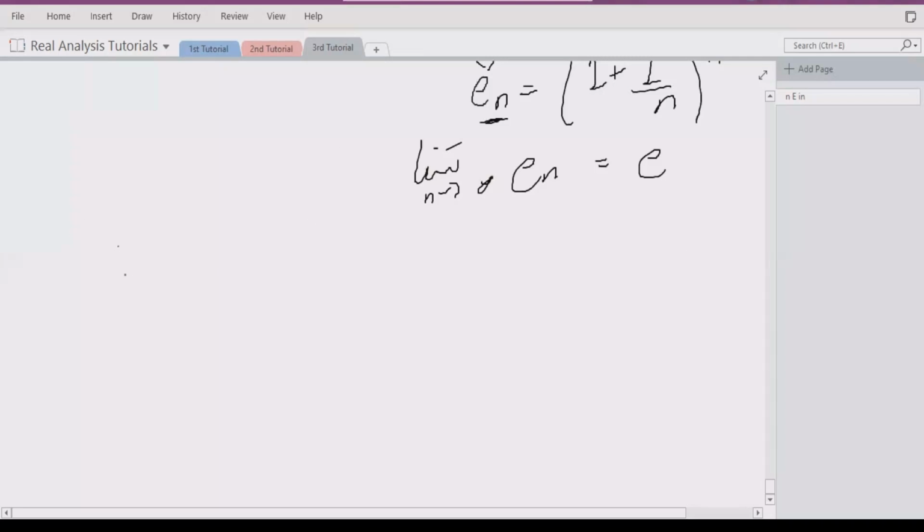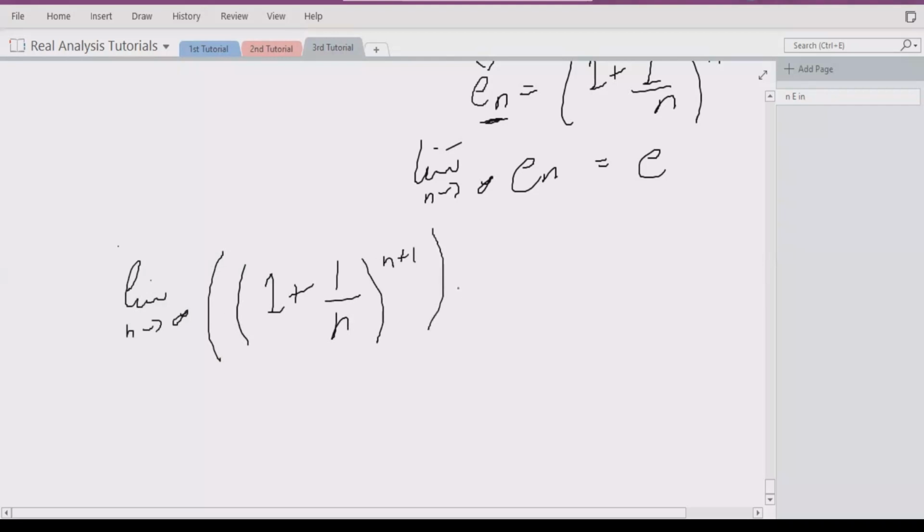We use this. Our given question is the limit as n tends to infinity of the sequence 1 plus 1 over n plus 1. It can be written as a product.